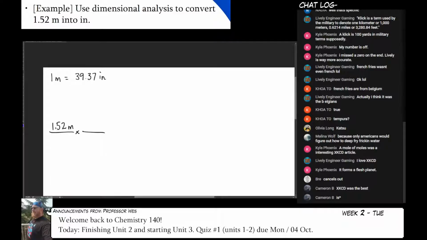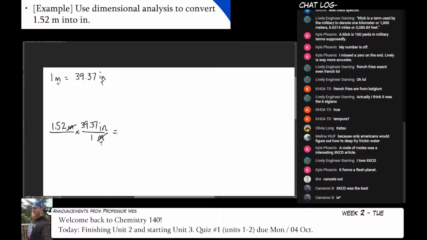So I need to put one of these units in this position down here so that it cancels with this meter. Which one will I put? Well, we got to make a match, right? So they cancel. And the other unit goes on the other side. And then we just fill in the numbers. 1 meter, 39.37 inches.